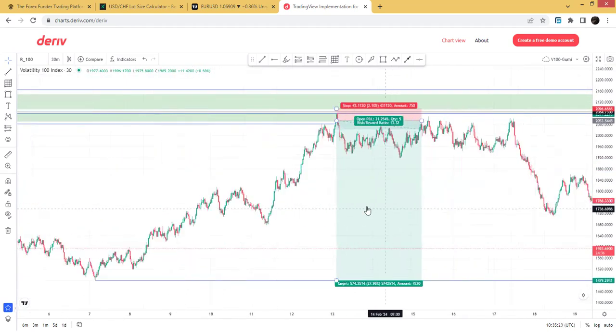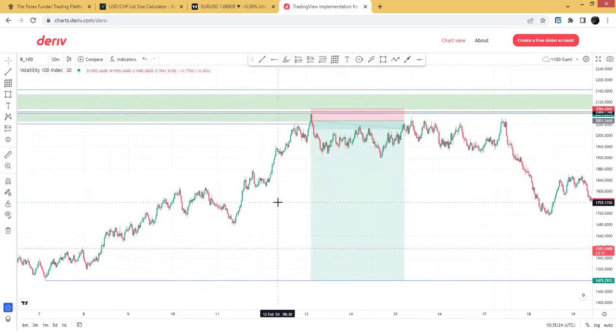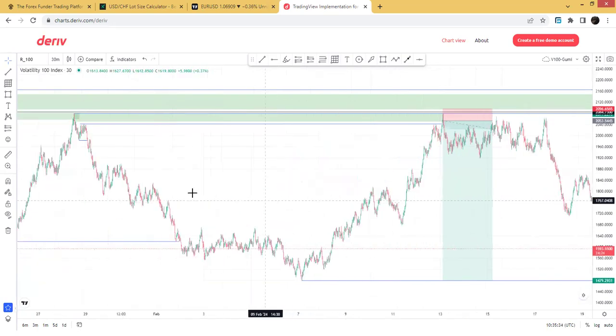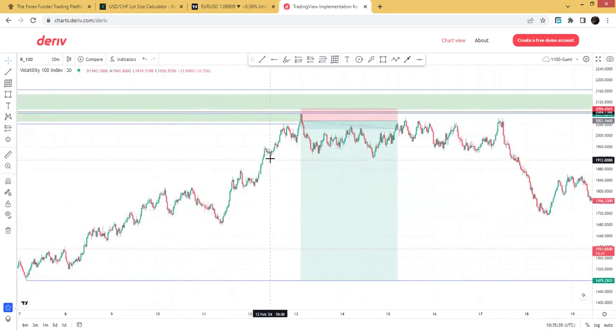Remember, our swing lows and our swing highs within our trading range, for the way we trade, are our take profit points. Within this trading range from here to here, my take profit points are these swing lows. This is TP1. What typically happened?